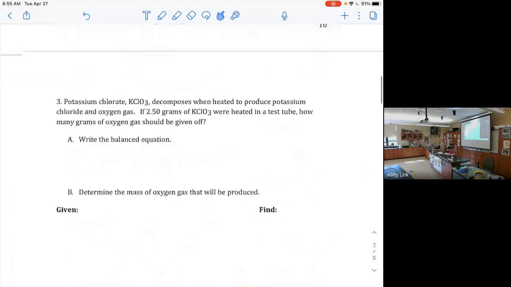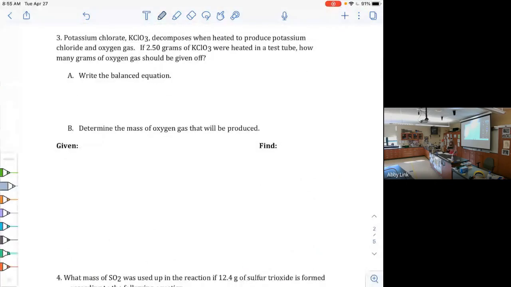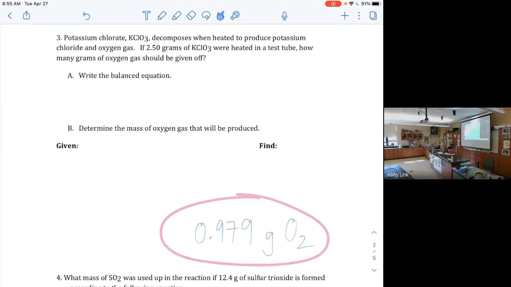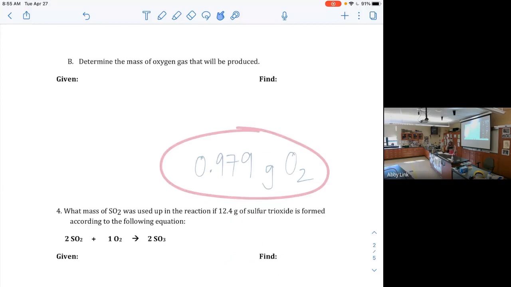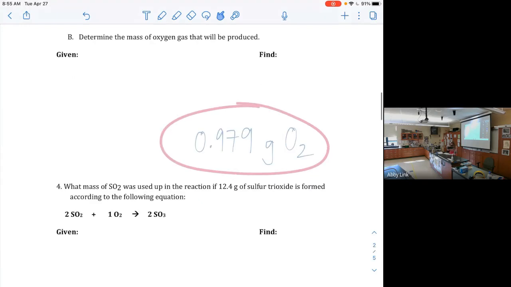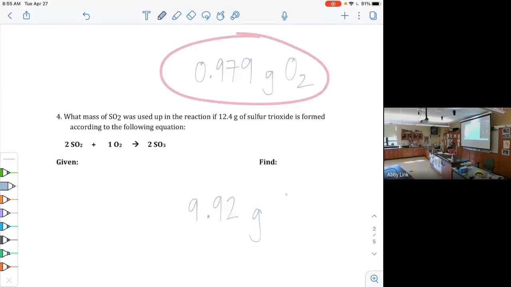All right, for number 3, your final answer should be 0.979 grams of O2. All right, for number 4, we've got 9.92 grams of sulfur dioxide.